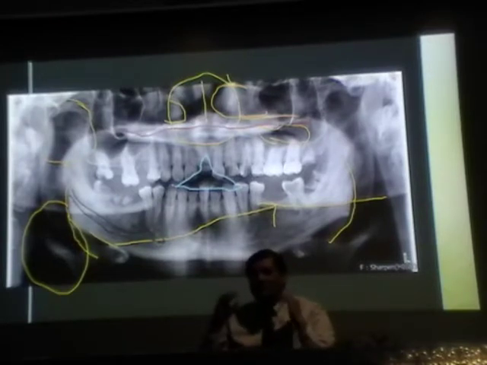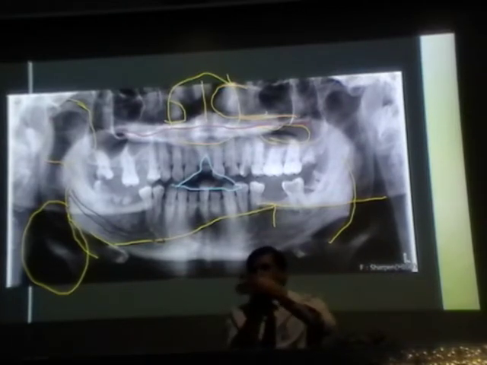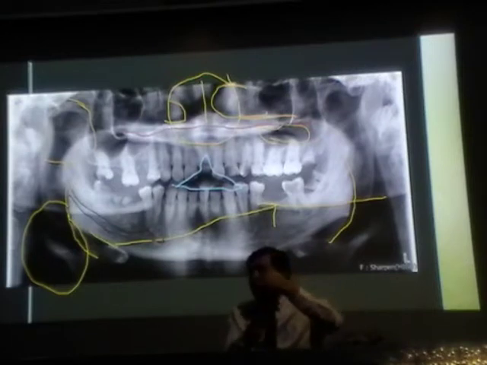And it's part of cervical vertebrae number 2. It goes and sits around the front portion of cervical vertebrae 1.